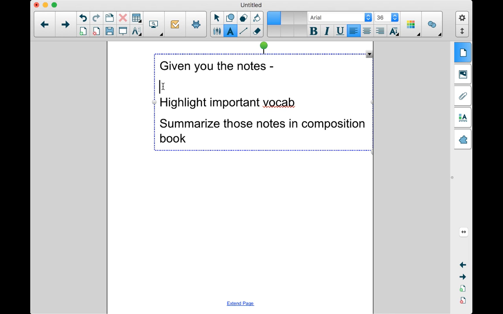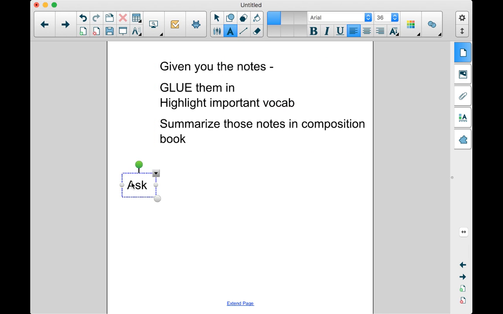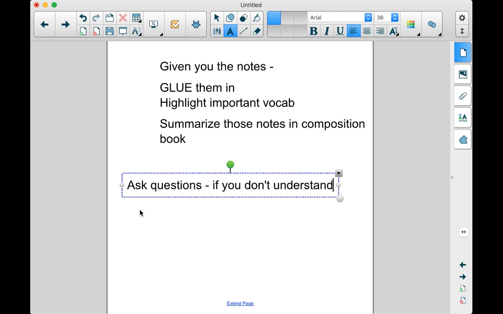Sorry, I'm changing this. Glue them in. Make sure you glue them in. Then highlight important vocabulary, and then summarize those notes in your composition book. Please ask questions if you don't understand. Raise your hand and ask. Great.